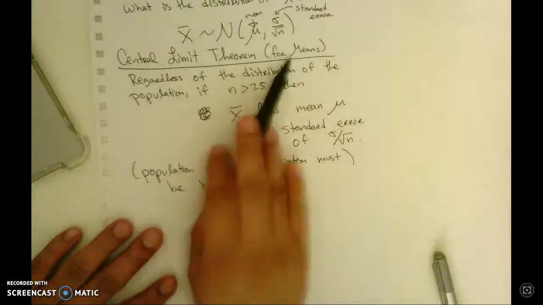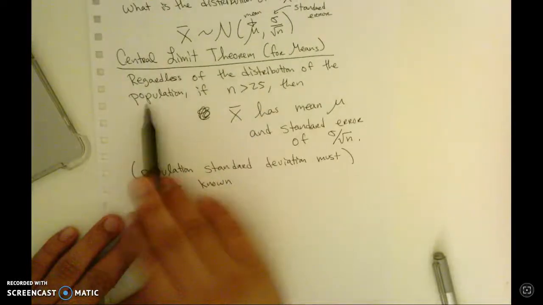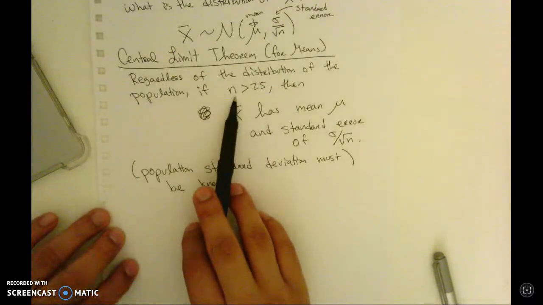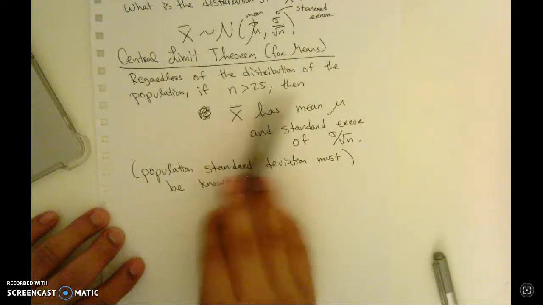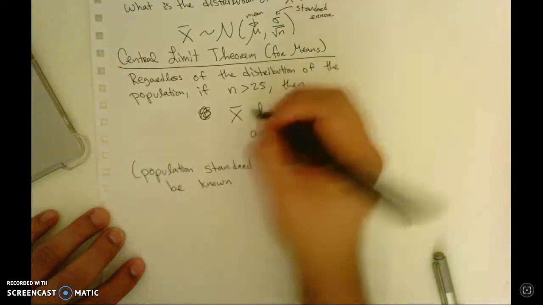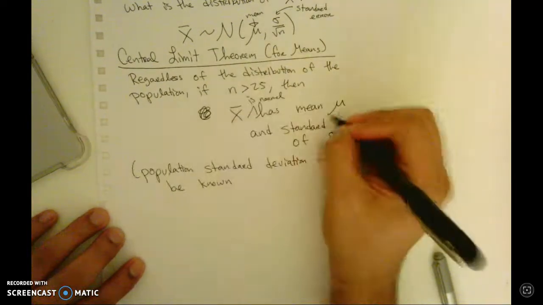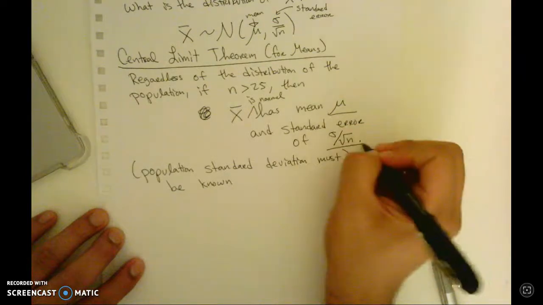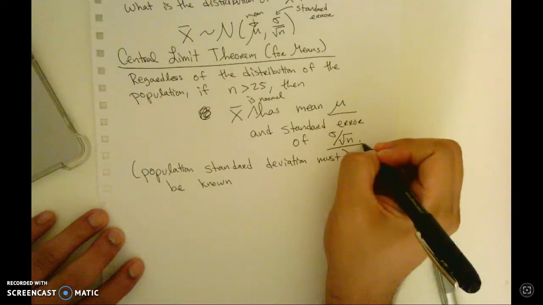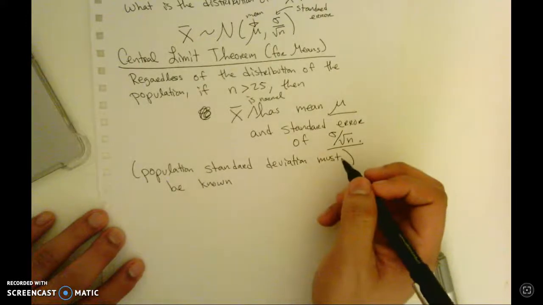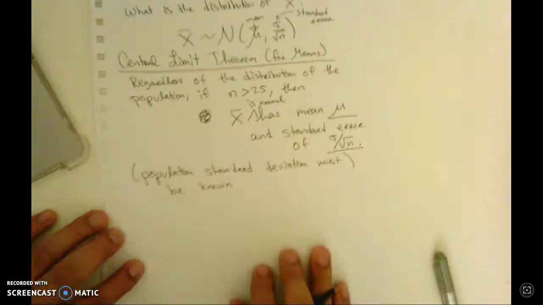The central limit theorem for means says that regardless of whatever the distribution of the population was, so regardless of whether it was skewed or anything, as long as n is greater than 25, x bar is normal and has the mean mu and a standard deviation of sigma over square root of n. Notice that I need to know what the population standard deviation is from the very beginning. That is what the central limit theorem is.